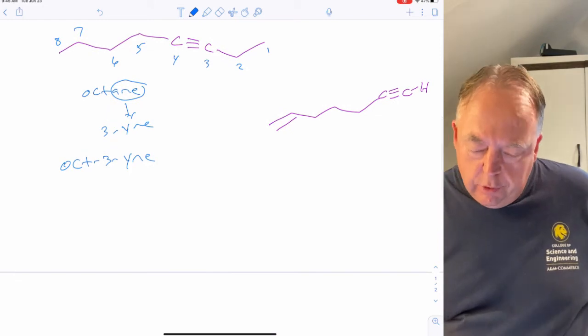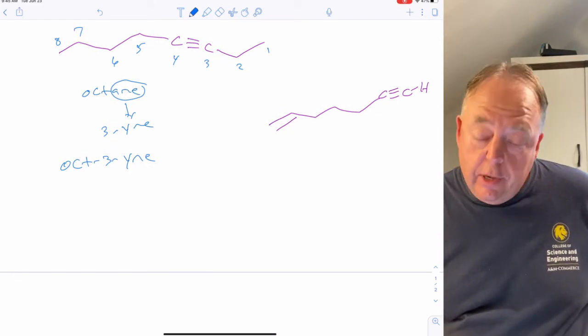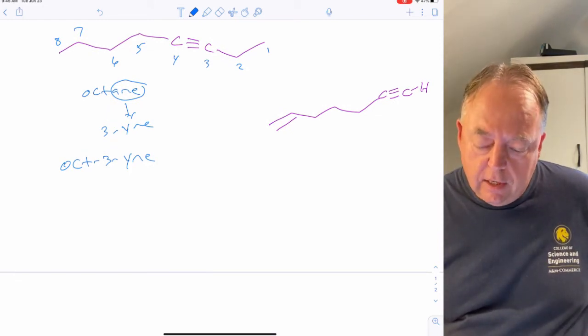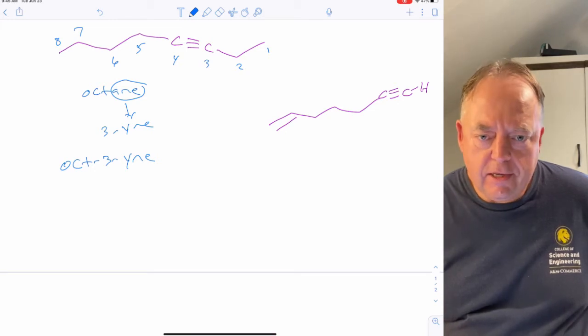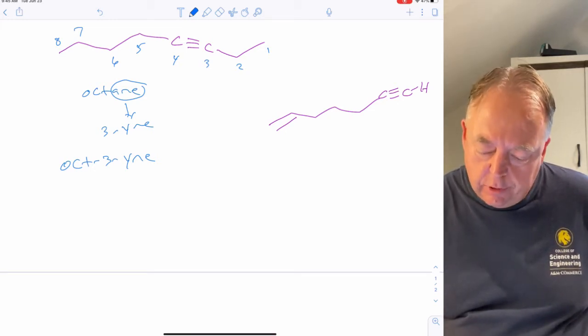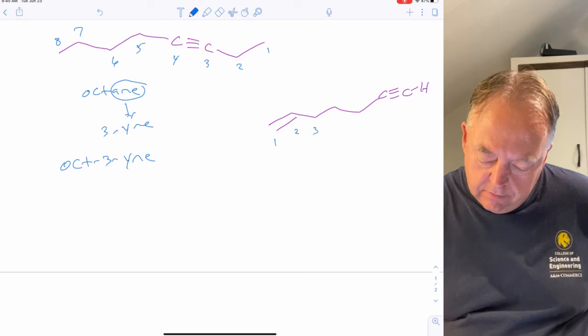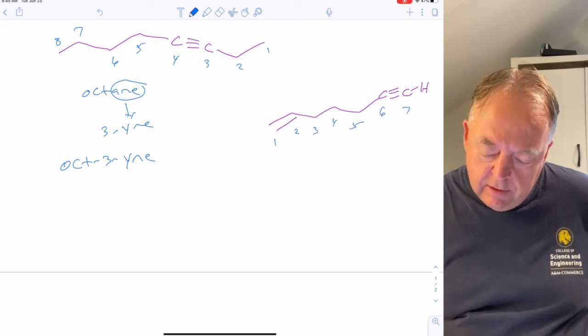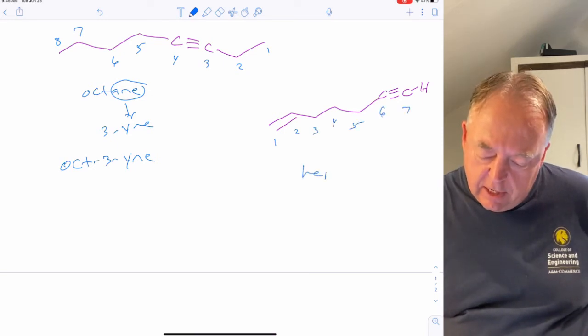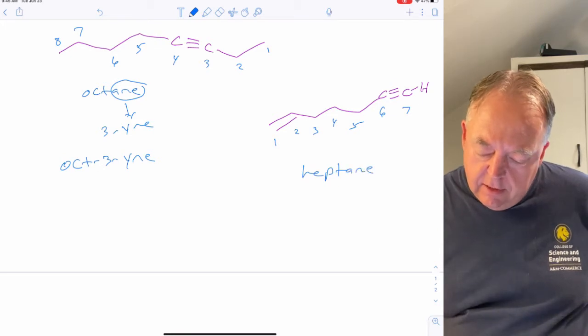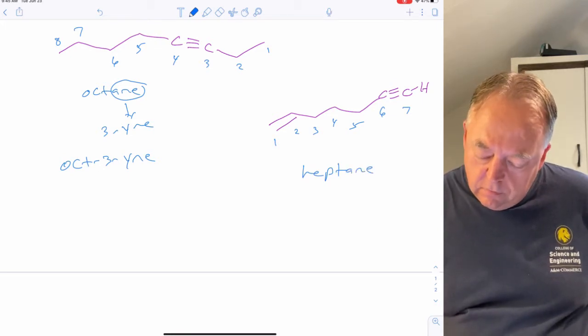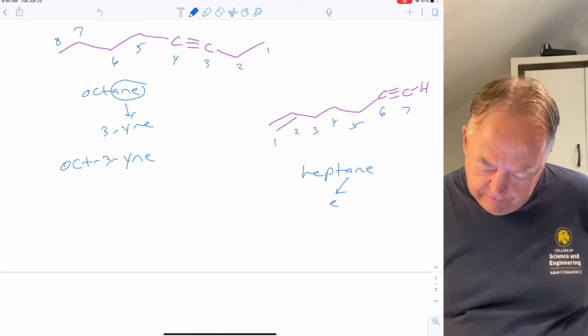And in this molecule, when you have an alkene and an alkyne, then you have 2 different functional groups. So now you have to know which one has priority, and the alkene has priority over the alkyne. So 7 carbons, so it's going to be based on heptane. Then you would typically change the A to E to name the alkene.